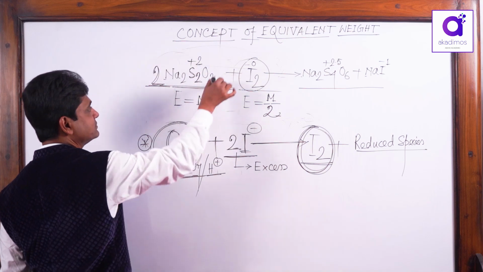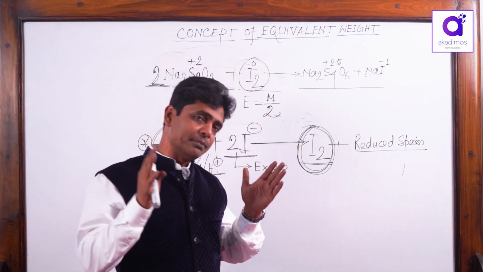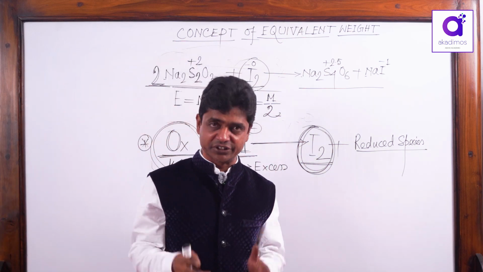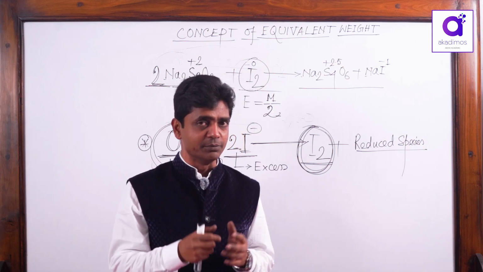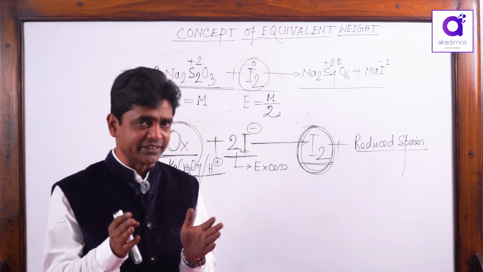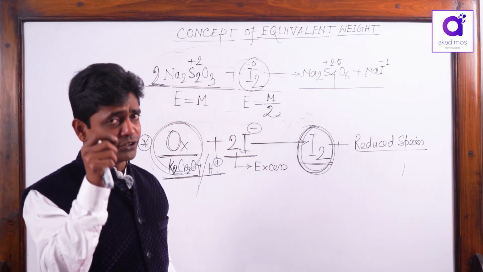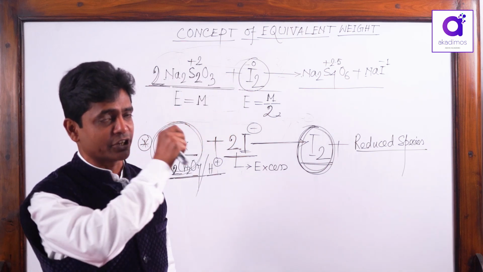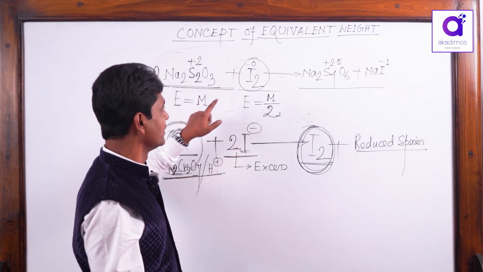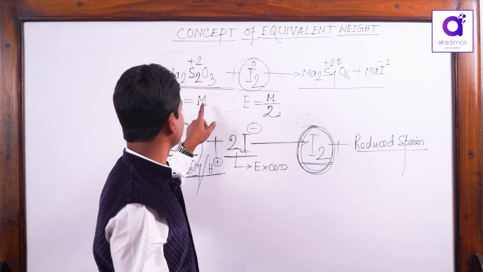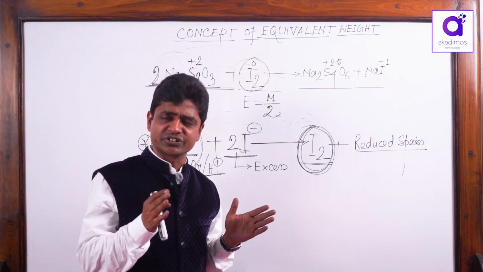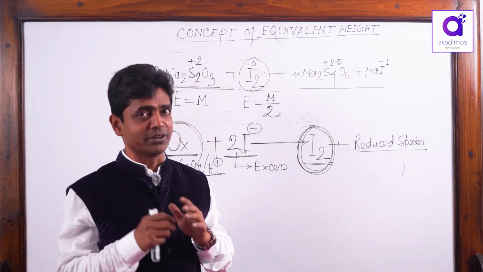This is given. The given may be in volume and molarity, and volume times molarity is the mole, or directly it may be given in mole. If you are able to convert this mole into gram equivalent from the n factor 1, n factor 1 means mole equals gram equivalent.